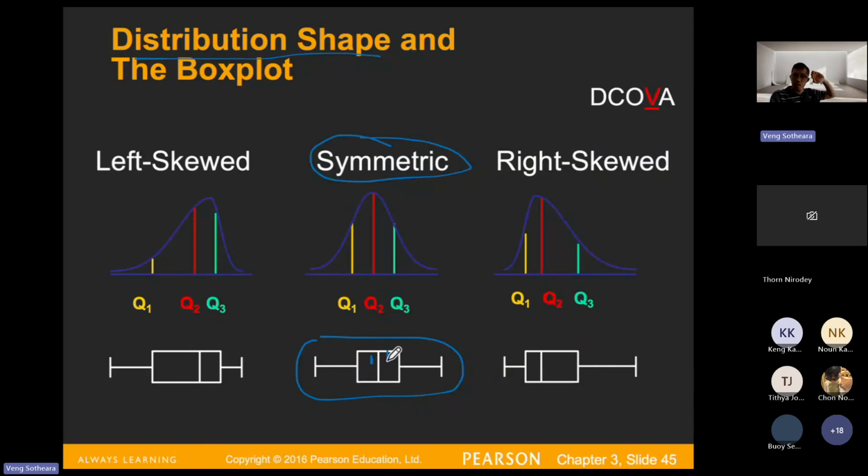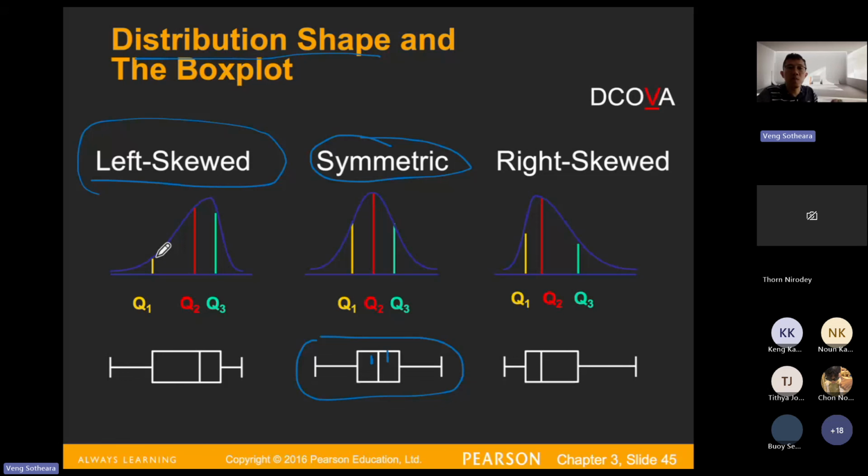But if our data is not symmetric, for example, it is left skew. Left skew means the data is going to what? Spread out more on the left, right? Again, left skew means the distribution of the data is more spread out on the left.